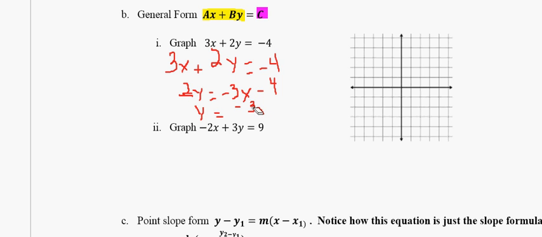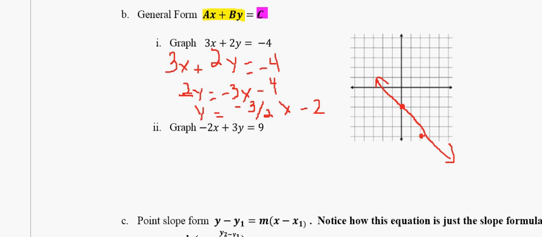So what you would end up with is y equals negative 3/2 x minus 2. Okay, and then you just go ahead and graph the line. Our y-intercept is negative 2, and our slope is negative 3/2, so I'm going to go down 1, 2, 3 over 1, 2.